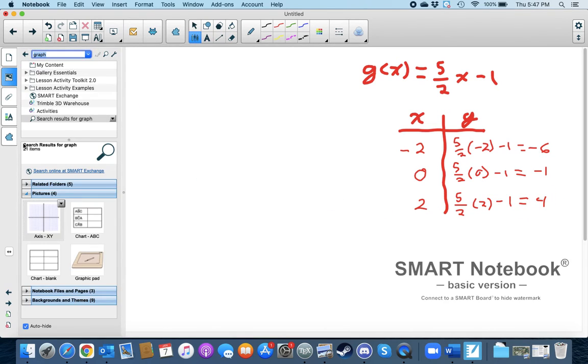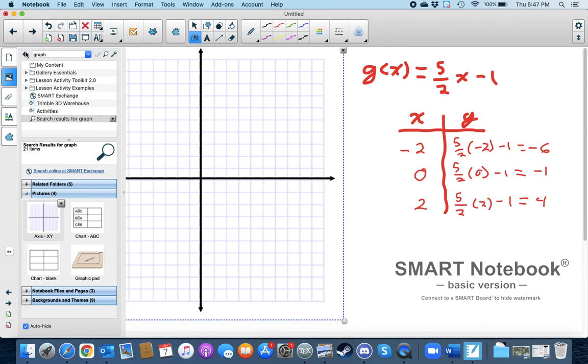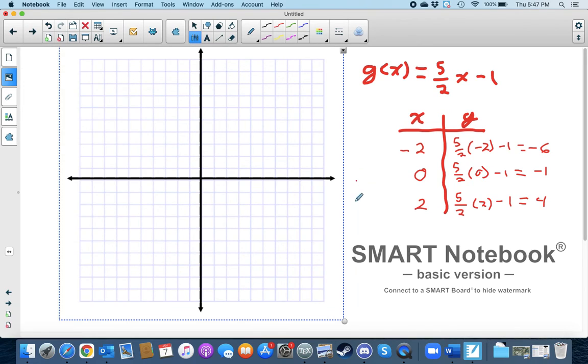So what we have now is a set of points that are relatively kind to use. 0, negative 1, right there. Negative 2, negative 6, so negative 2, negative 1, 2, 3, 4, 5, and 6. And then we have 2, 4, so 2, 1, 2, 3, and 4.